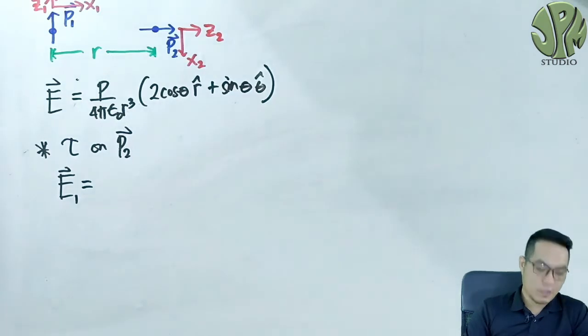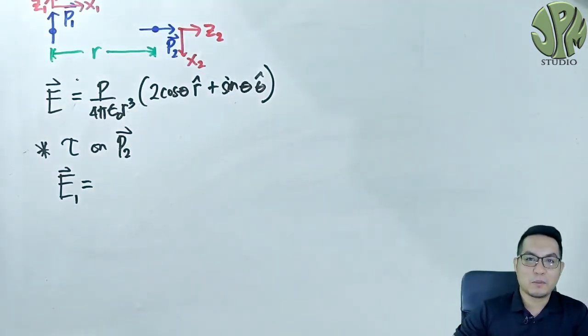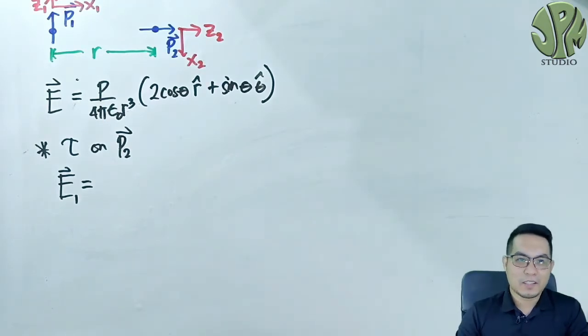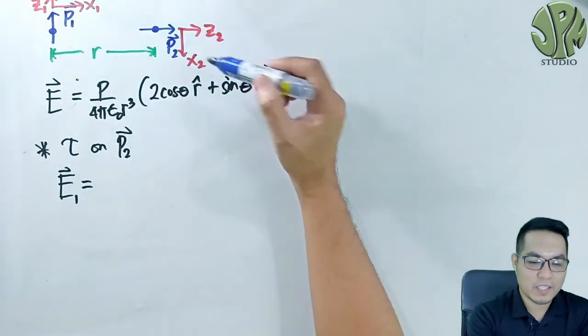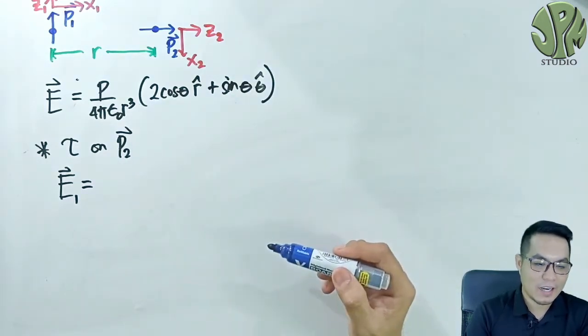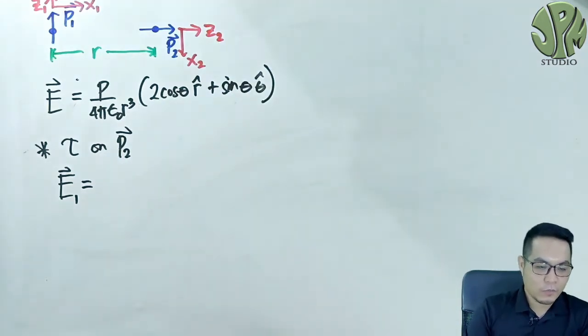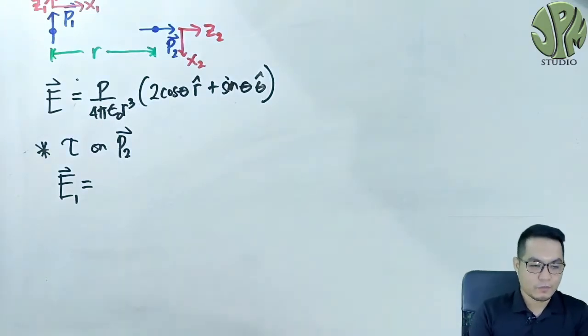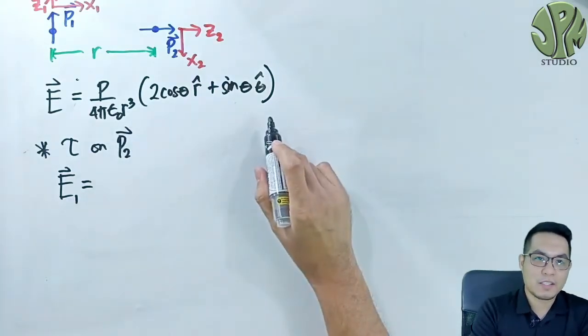So theta is the angle with respect to the z-axis. For the electric field of P1, it will just look like this.